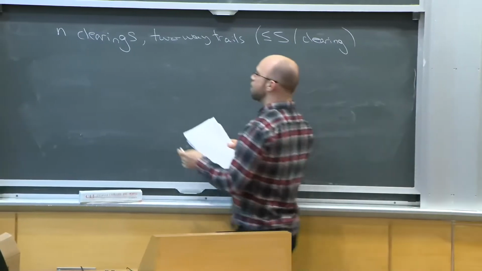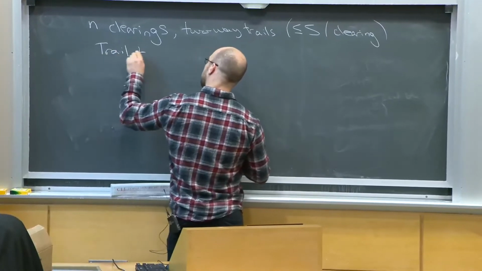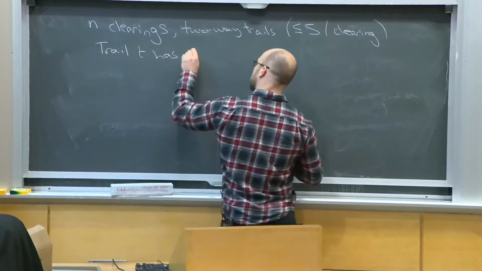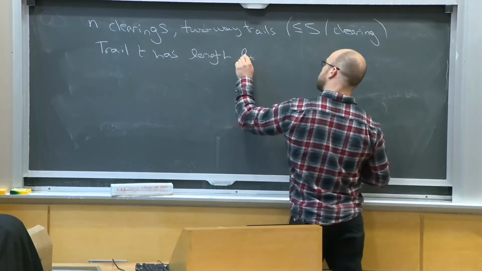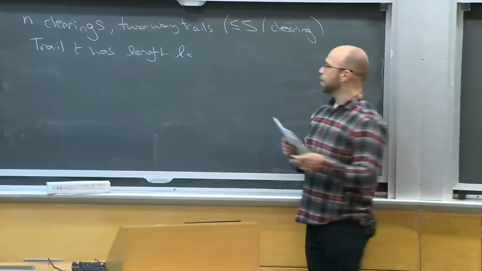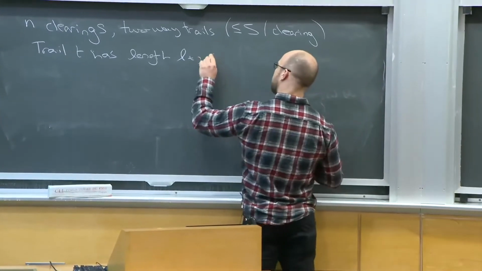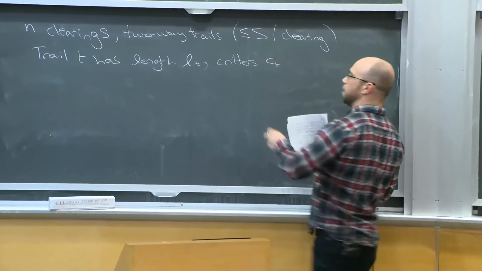Okay. Now with every trail, we associate a length, which we're going to call L sub t for trail t. But in addition to that, we're going to have another piece of information, which is that it has a set of critters on it, C sub t.